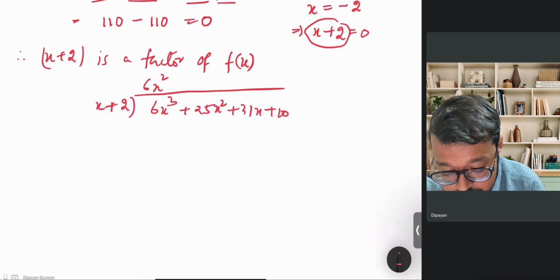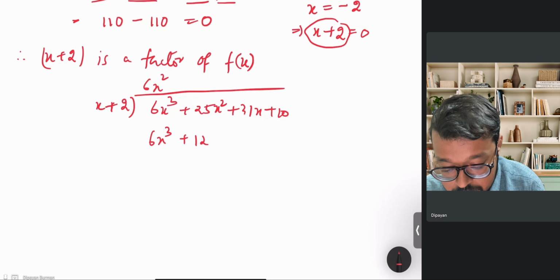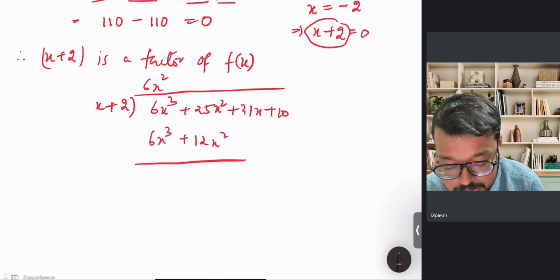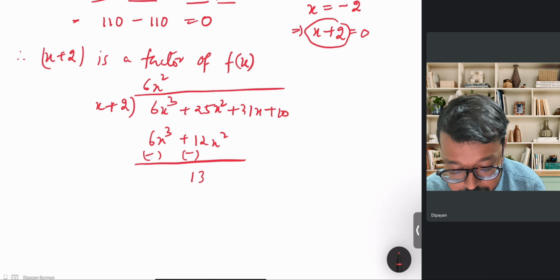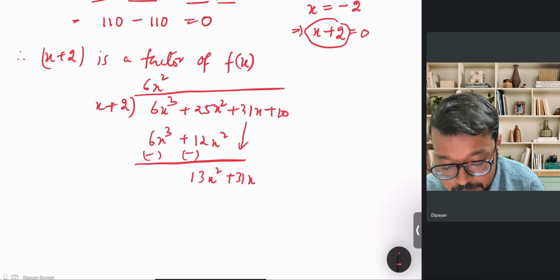6x square, then subtract, so I will get, then plus 13x.